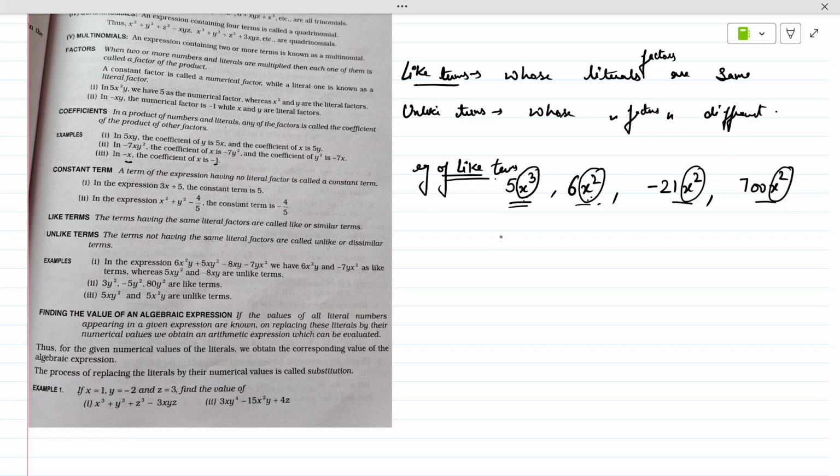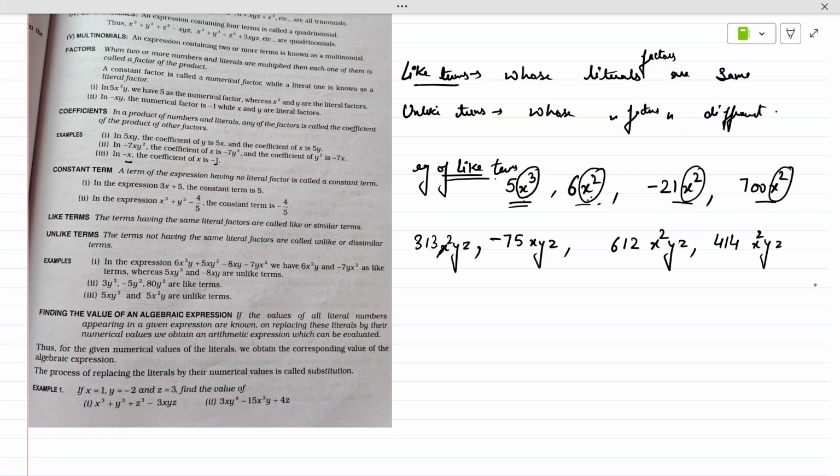Another example, kids, I'm taking here is minus 75xyz, 612x square yz, 414x square yz, 313x square yz.